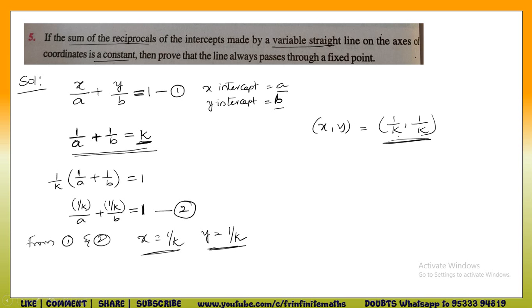Hence this line x by a plus y by b is equal to 1 always passes through the fixed point 1 by k comma 1 by k, because when it satisfies the condition 1 by a plus 1 by b is equal to k, it always passes through 1 by k comma 1 by k. So this is the proof.